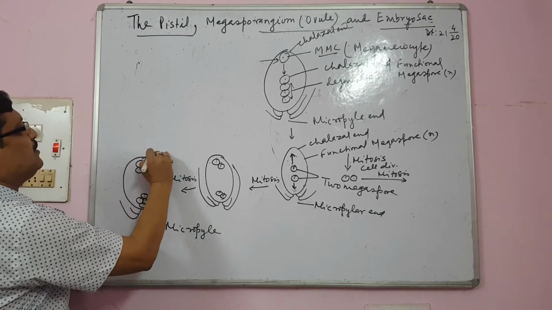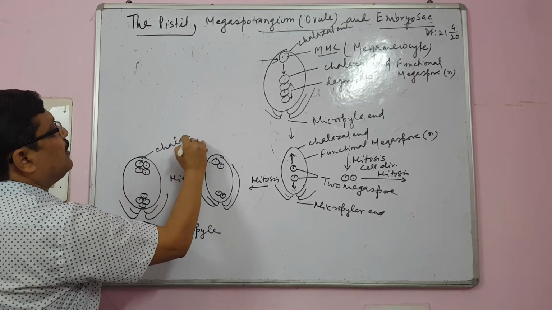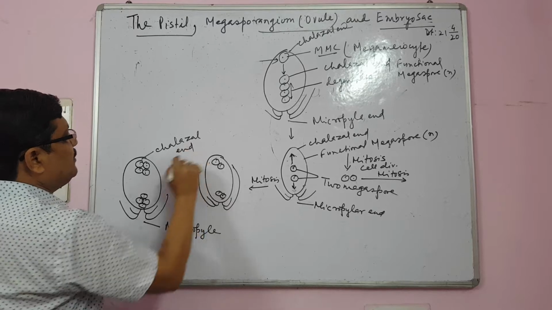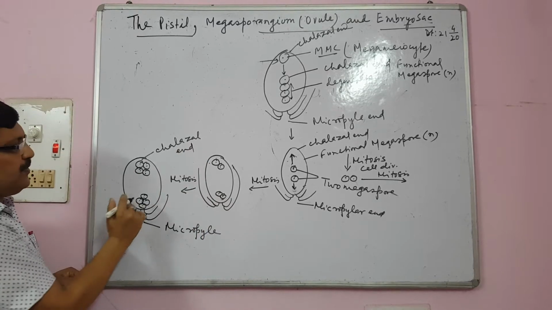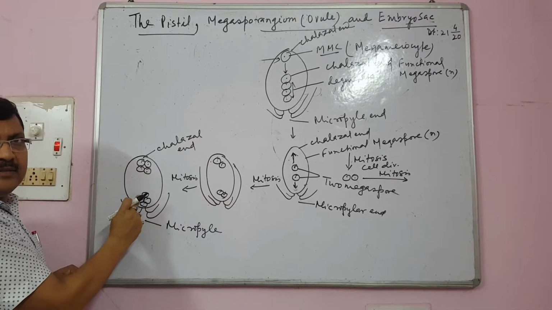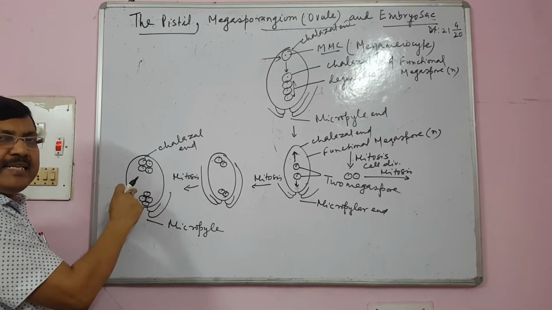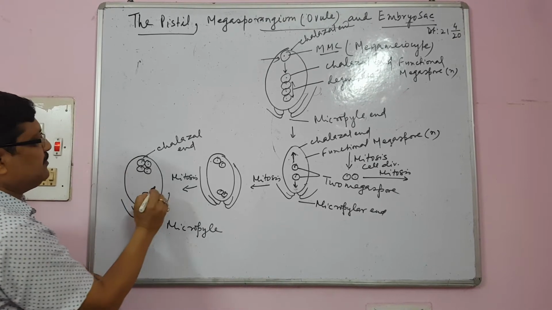Now again mitosis, and again four cells are formed. This is the micropylar end, this is the chalazal end. Now this embryo sac becomes 8-celled, 8-nucleate.